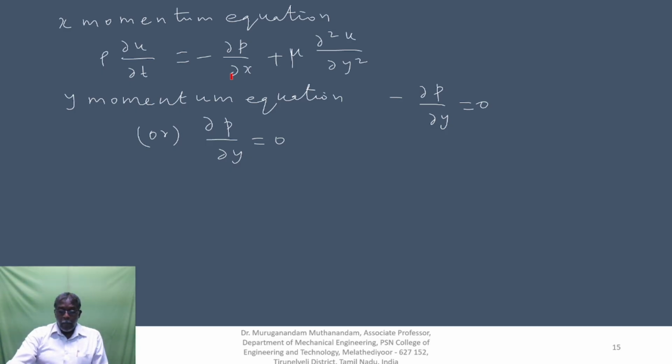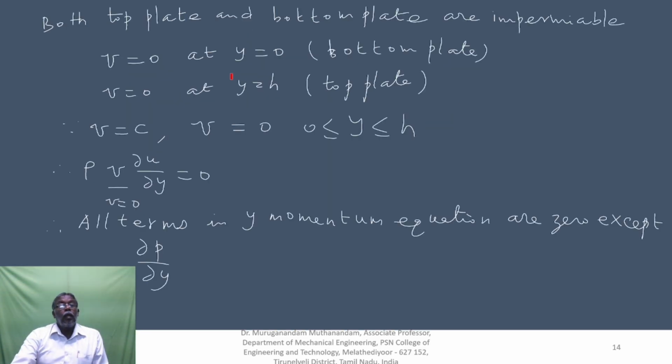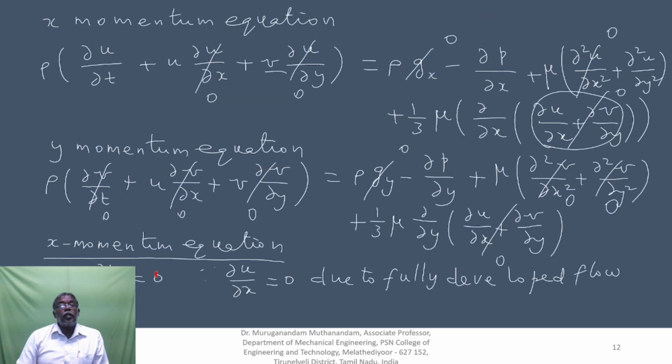We will come to the y momentum equation. In the y momentum equation, all the terms are 0 except partial p upon partial y. Can you guess what is the reason? In the y momentum equation, the first term is partial v upon partial t. What about partial v upon partial t?